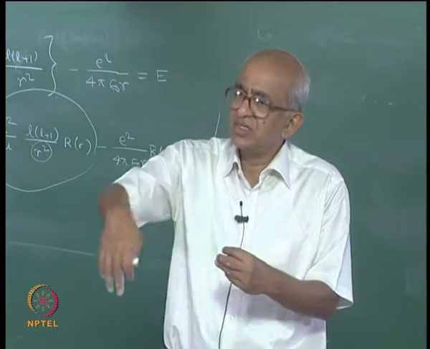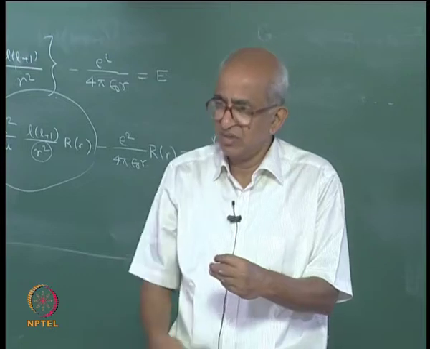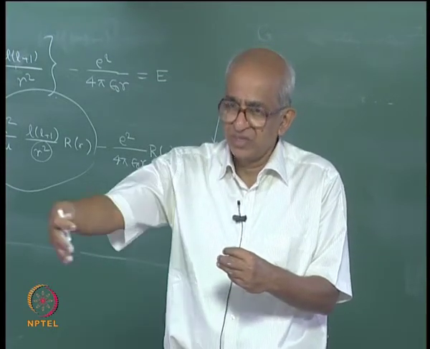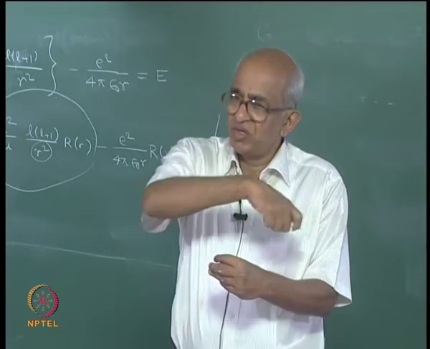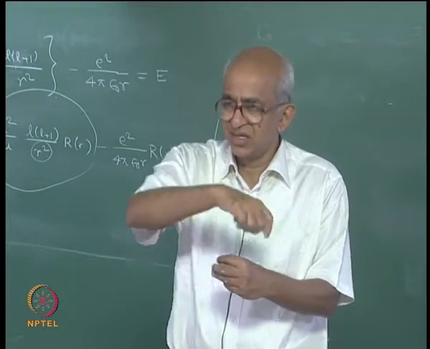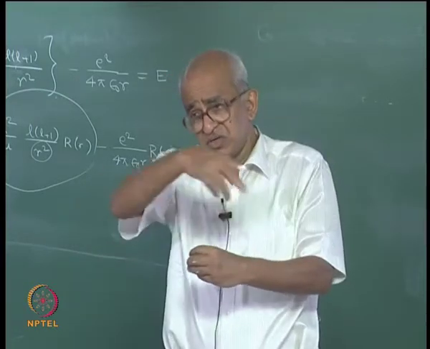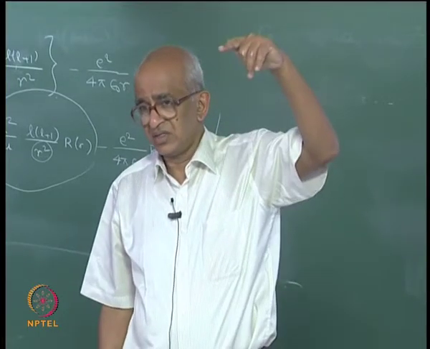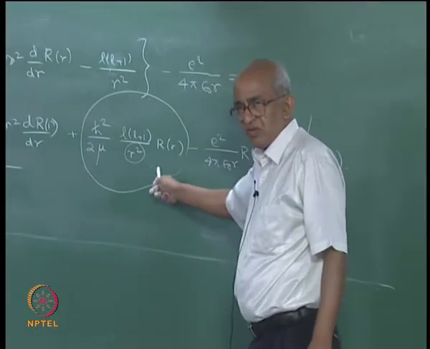Therefore, what will happen is that the energy of angular motion will change as you approach the nucleus, right. And because the electron will move much faster near the nucleus, what would you expect? The energy due to the angular motion will increase very fast, and that exactly is what is happening with this term, right.